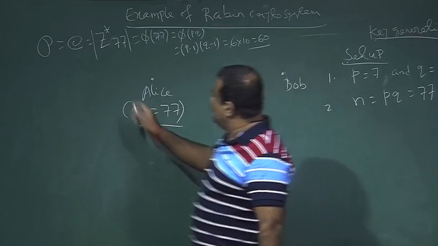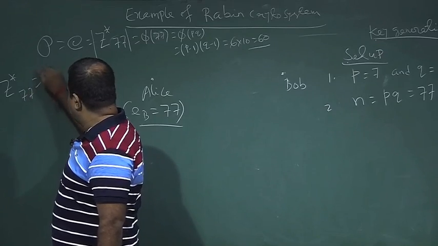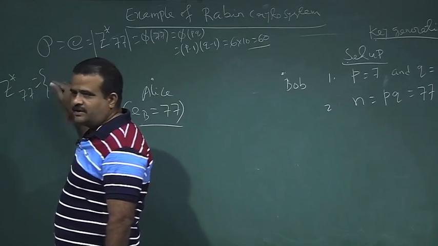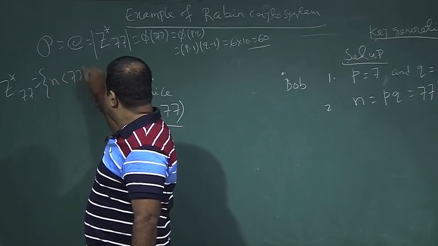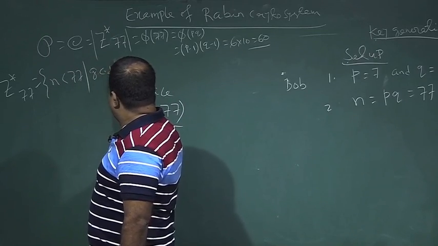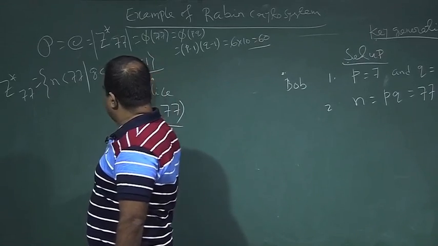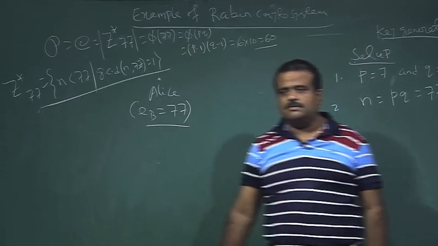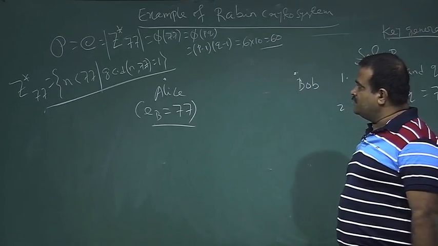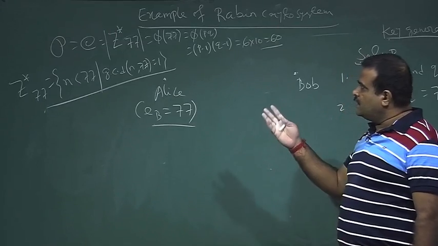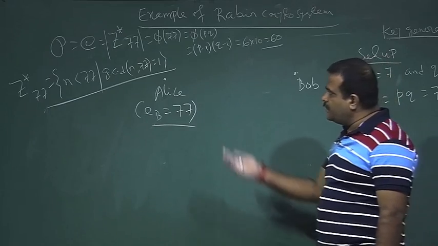All the elements of Z star n are the positive integers less than 77 which are relatively prime to 77. So Alice has to choose a plaintext from this, a message from Z77.